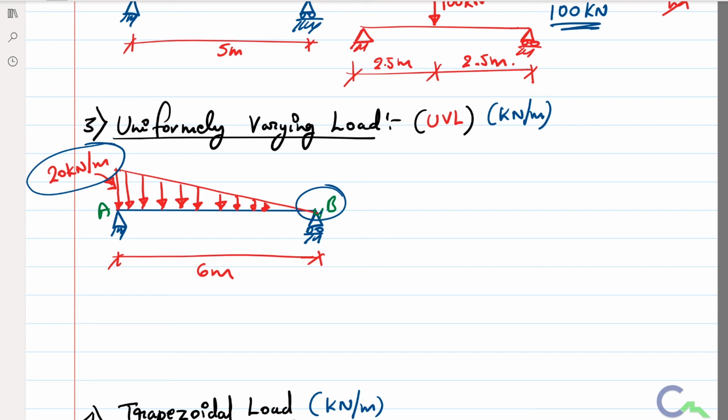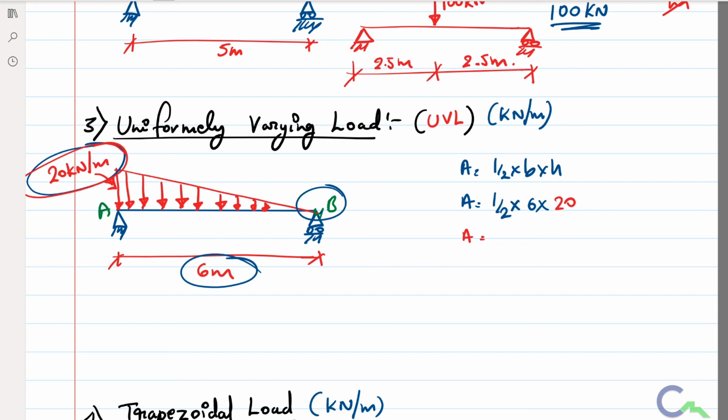For that I have to find the area of this triangle. Area of the triangle is half into base into height. So the base of this triangle is 6 meter, and the height of this triangle is 20 kilonewton. So the area, or load value, is 120 divided by 2, that is 60 kilonewton.